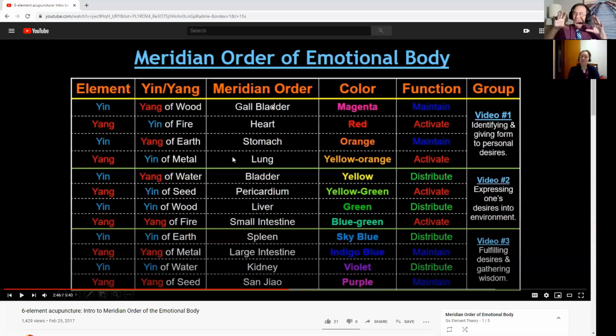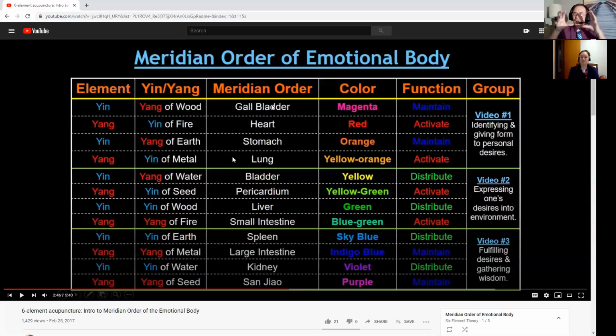They're going to go towards a place that feels comfortable for them. So here we have it. The first 6 steps of the emotional body: developing a desire, developing the form that you can express that desire through, and then 3, where can you fulfill that desire?